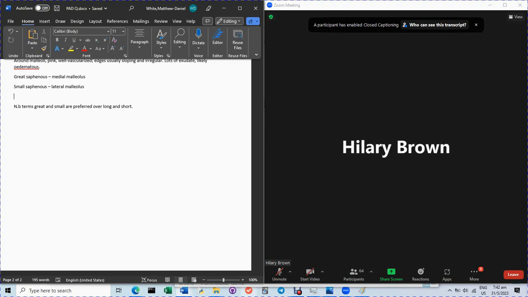All right. So you have your gram-positive coverage in the form of some kind of cephalosporin or penicillin derivative, and you have your anaerobic coverage in the form of metronidazole.